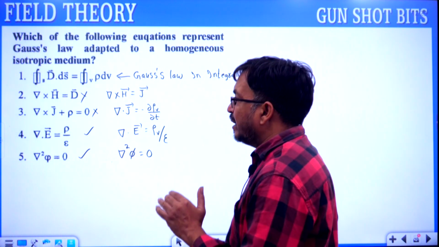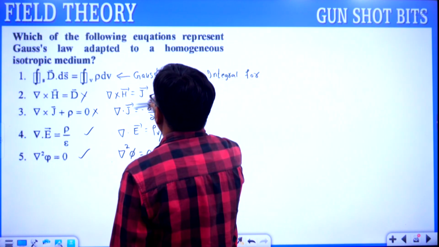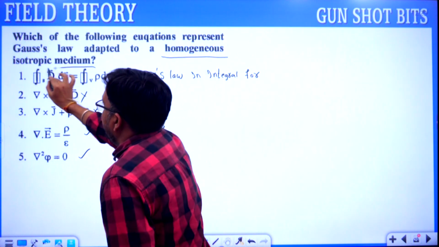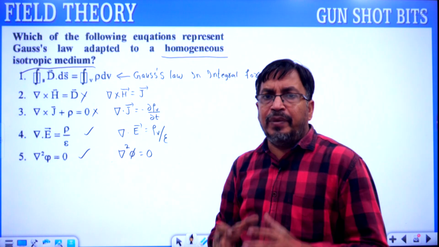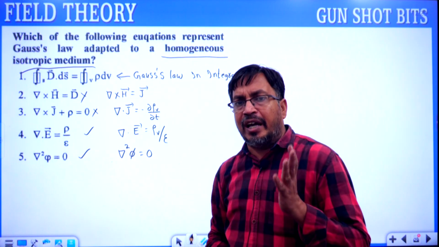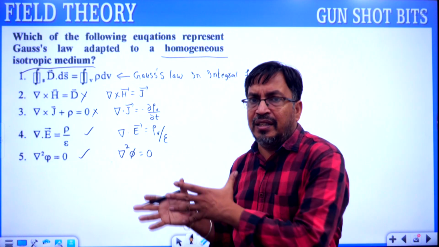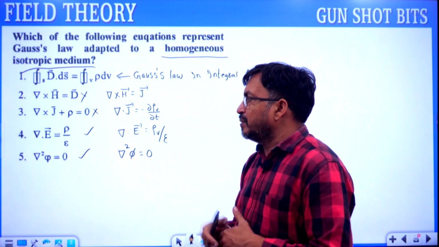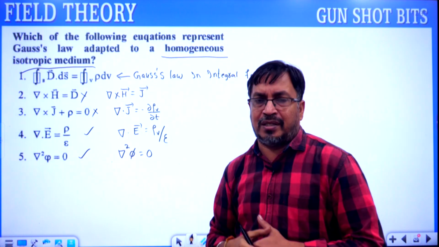But again one more condition is given. Which of these 3 are also satisfied in a homogeneous isotropic medium? It is the medium where the medium parameters are constants. So in this question all formulas are related to electrostatics, except the 2 invalid options.